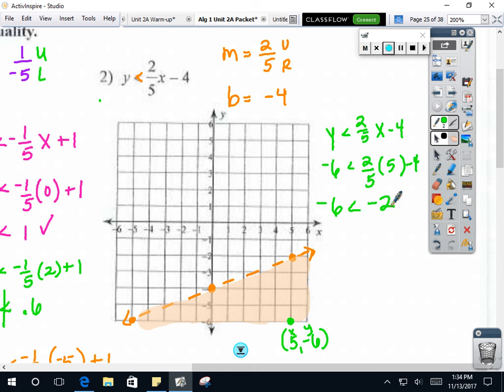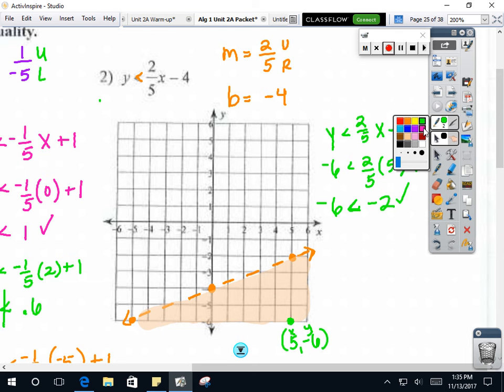Negative 2 is correct. Is negative 6 less than negative 2? Yes. Negative 6 is less than negative 2. That's a true statement. And the reason it's true is because our point was in the shaded area. That assures us that we shaded the correct place.